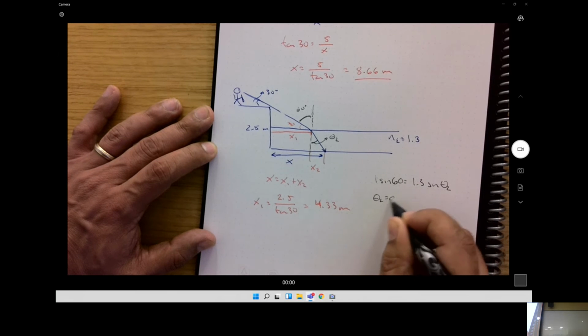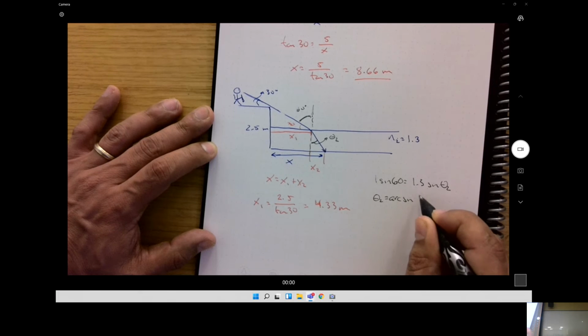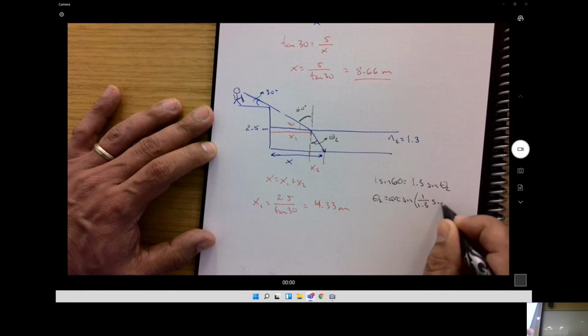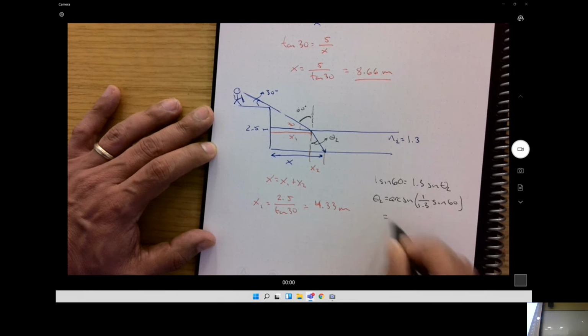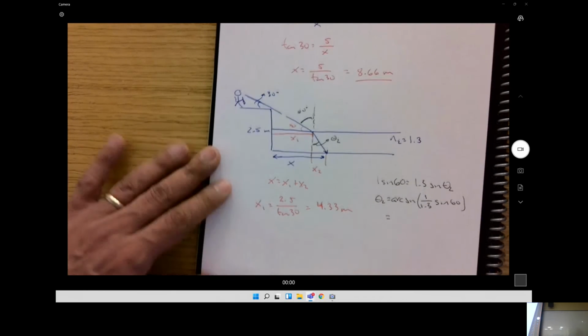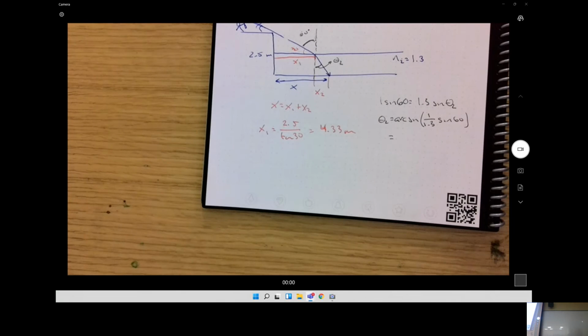And theta 2 will be the arc sine of 1 over 1.3 sine of 60. I got 60.